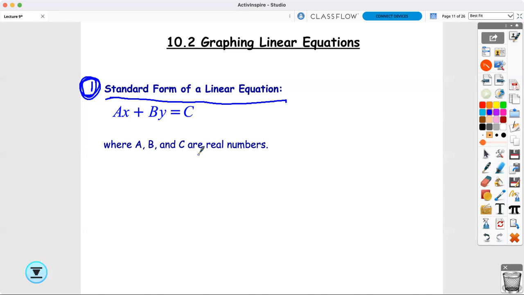So a, b, c are going to be any real numbers. All right, anyone need more time to write this formula down?